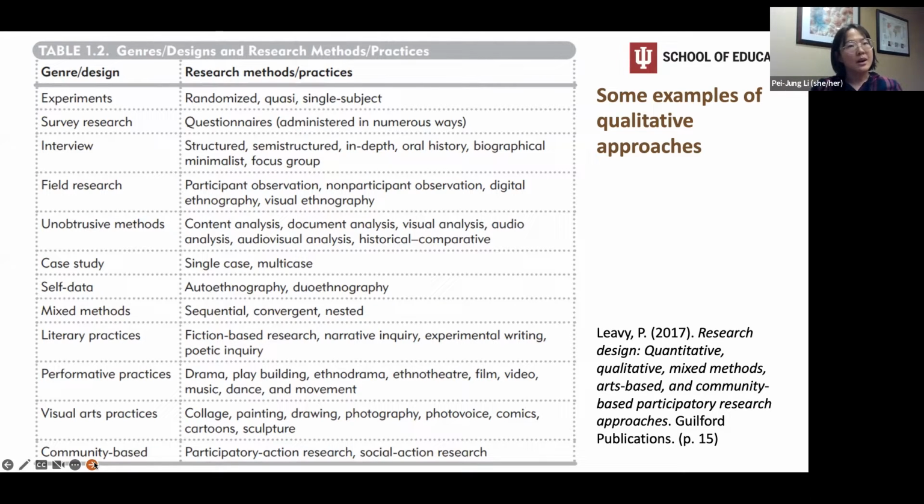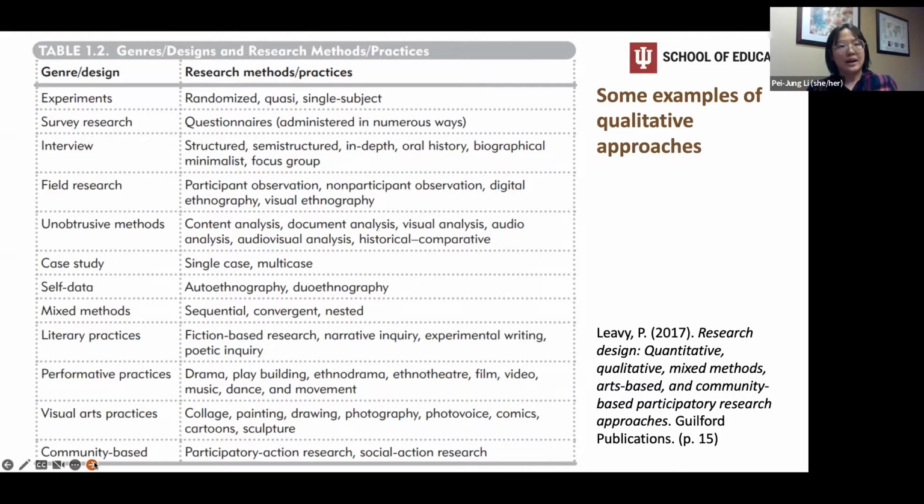And if you're thinking about interviews, there are multiple ways, like structured, semi-structured, or you might have some focus groups. And if you have field research, then you may engage in participant observation, or currently a lot of people are working on digital spaces, so maybe digital or visual ethnography.